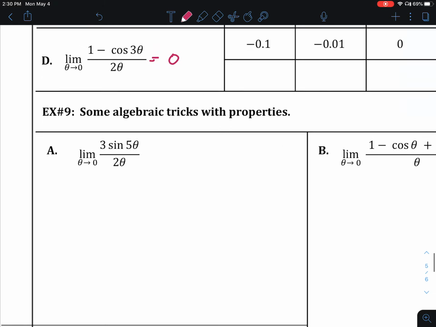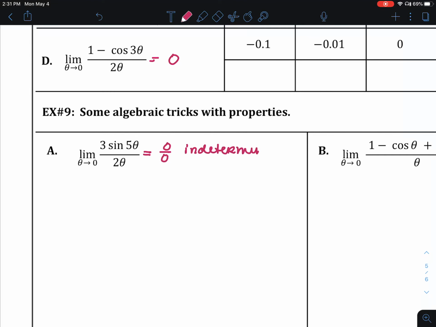Well, here's how it works. If I'm taking a limit of example A, I'm going to plug 0 in. When I plug 0 in, I get 0 over 0. That is called indeterminate form. In the future, when you see indeterminate form, it will indicate that you are going to take the derivative.